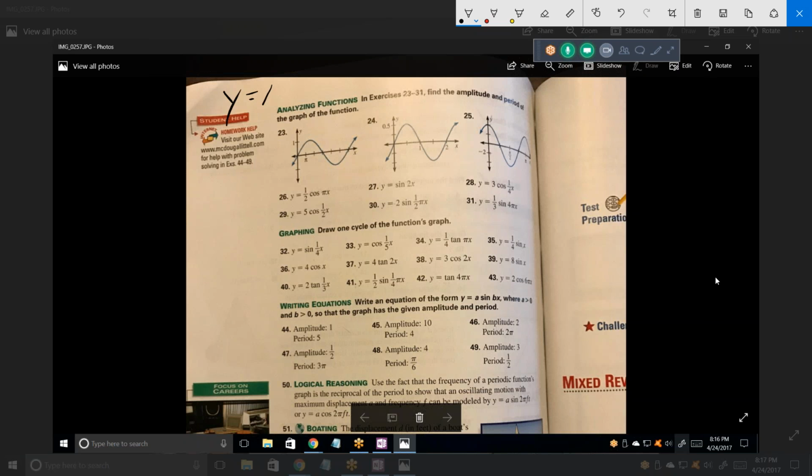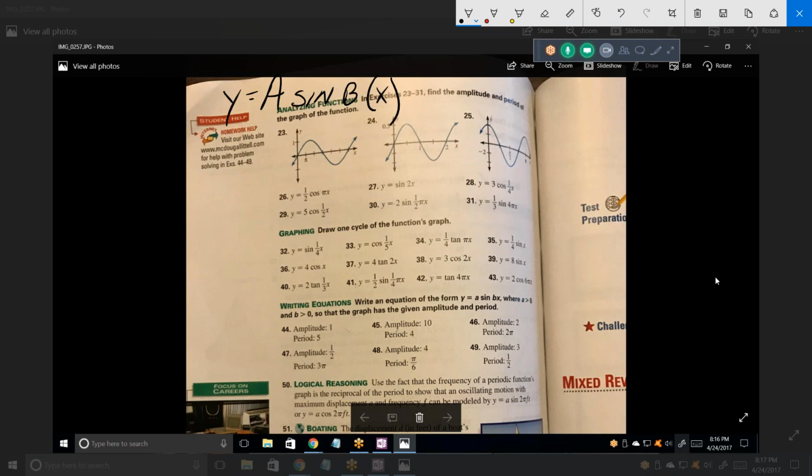In other words, have they given you this as the standard? Nope. They haven't given us that. So the only thing they've taught you about is amplitude and period. In other words, they're not handling any phase shifts or vertical shifts yet. No. So the nature of our functions is going to be this.